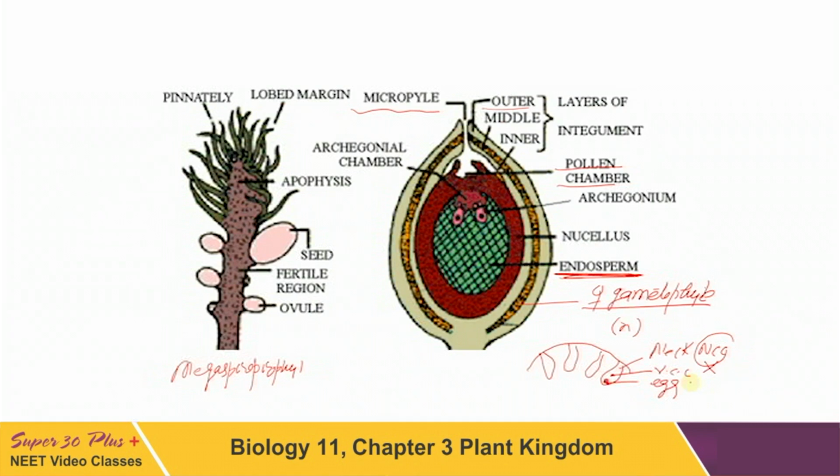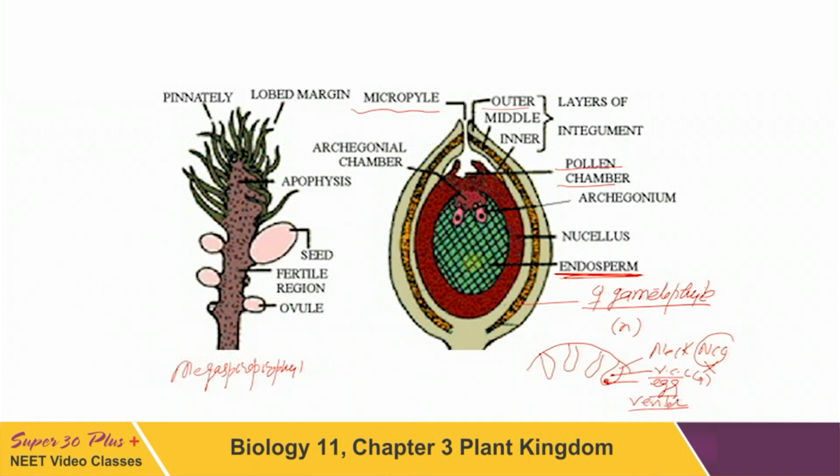I repeat, this is the swollen base known as venter, and in the venter the egg is present. One venter canal cell is present, which is short-lived, and the neck doesn't have neck canal cells.